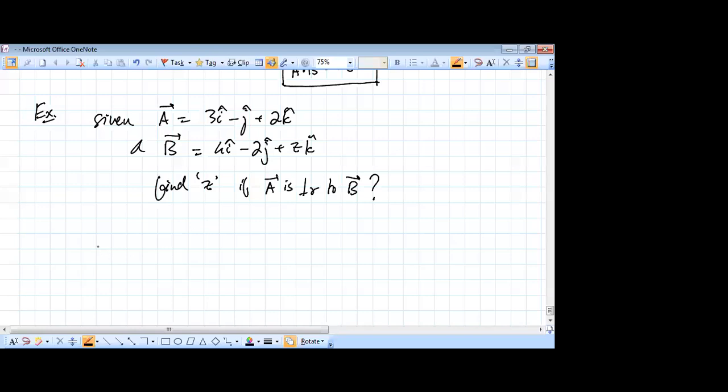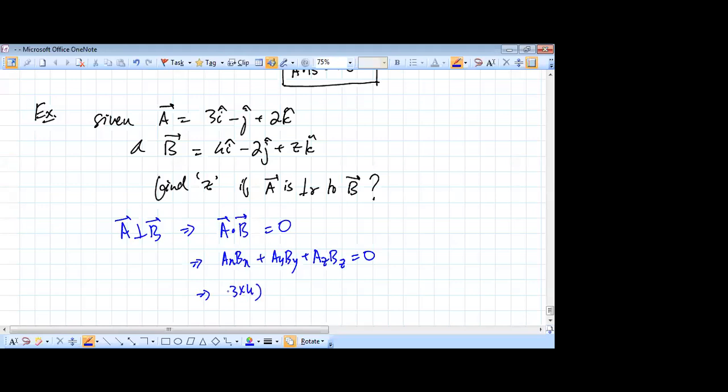Okay, so let's check. So the solution here will become like this, that A is perpendicular to B implies that A dot B should be 0. So that implies that 3 into 4 plus minus 1 into minus 2 plus 2 into that unknown quantity z should be 0. So it gives you a simple linear equation in z, nothing else.